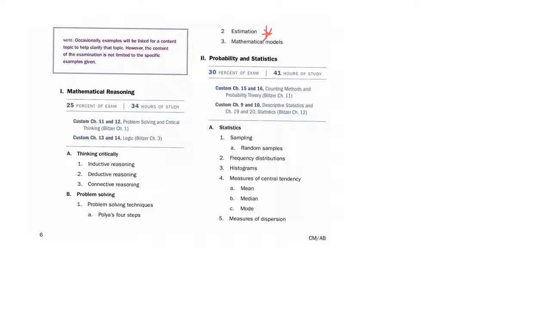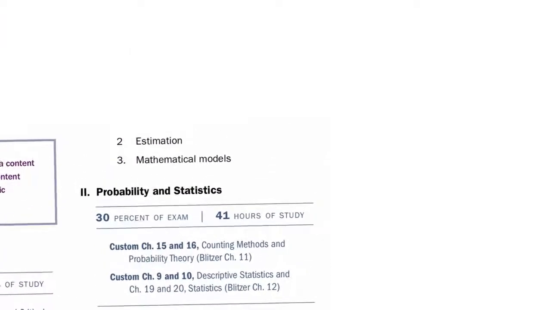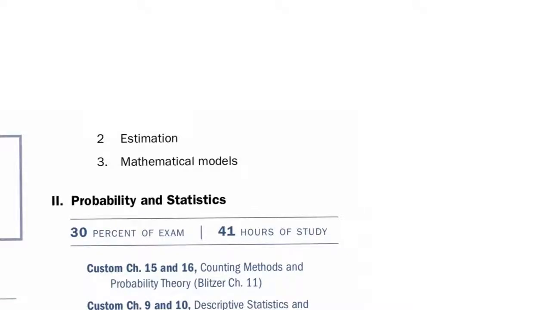Okay, so looking at the next item mentioned, they say mathematical model. So that's actually fairly, I'd say, somewhat open-ended and vague, but really in general, a mathematical model is a description of a system, a real-world system, we could say.